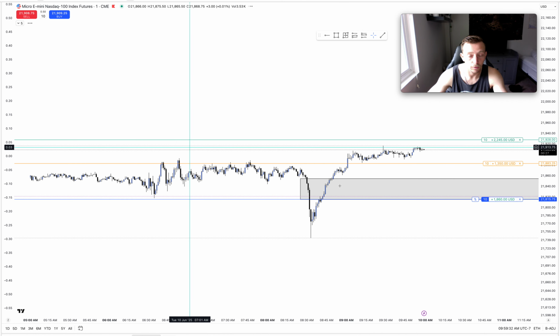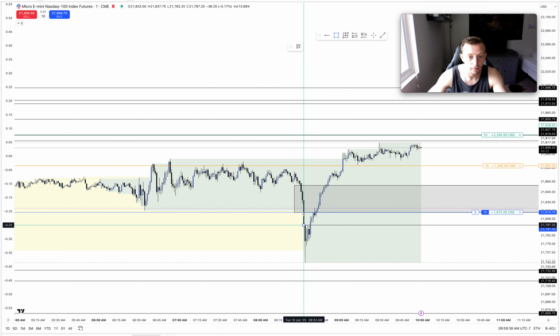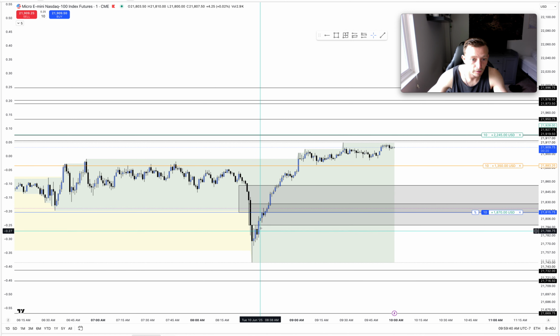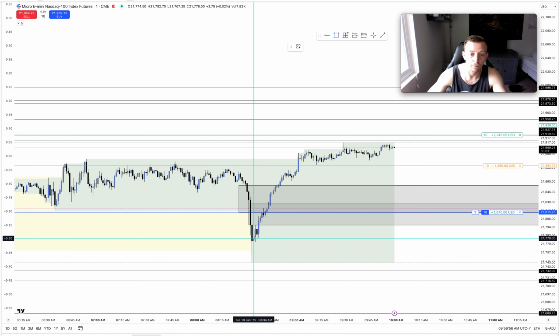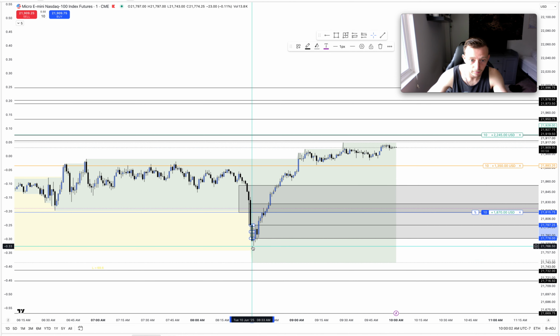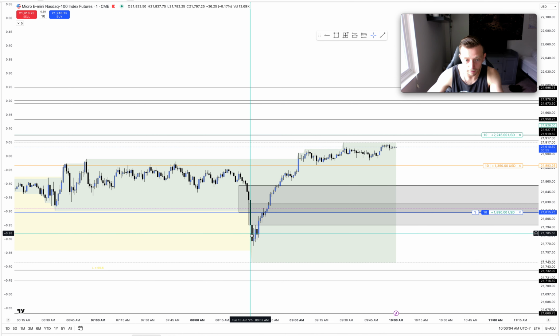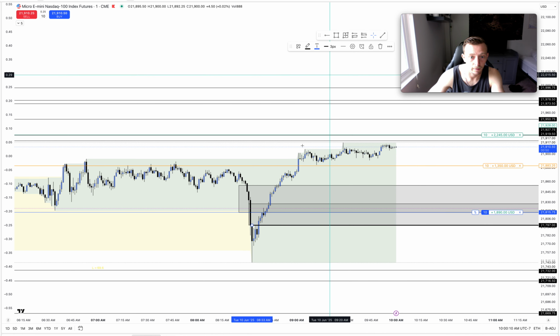And so I just entered in on the 1-minute, right on this gap right here. And right as price was breaking above the midpoint, I got in and I put my stop down below this low. Pretty big stop, but I had strong conviction that price was already going to move higher because of this big sweep right here, this big wick, and price had already broken above this high right here, right?